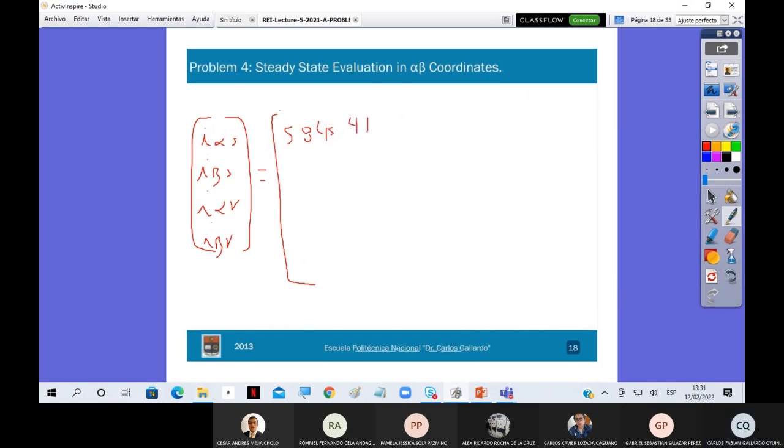1,845.41. I will have 0, negative 5,648.83, 0. I will have 0, 5,845.41. I will have 0, negative 5,648.83.